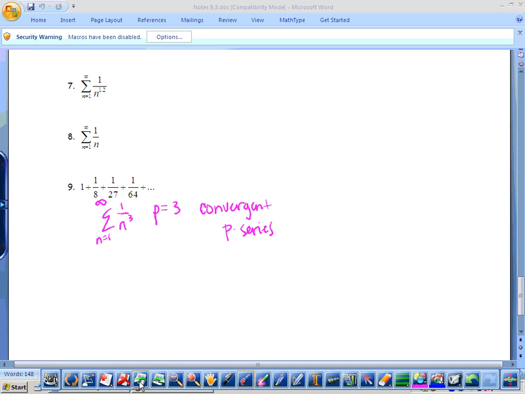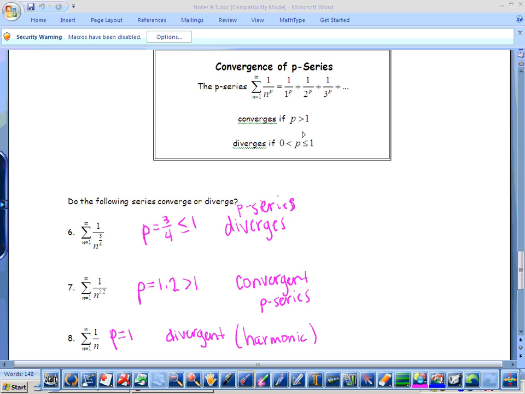One other comment about the p-series, and that is that the conditions for converging or diverging are exactly opposite of the geometric series. For r in a geometric series, it converged if r was less than 1 and diverged if r was greater than 1. So try not to get those confused.